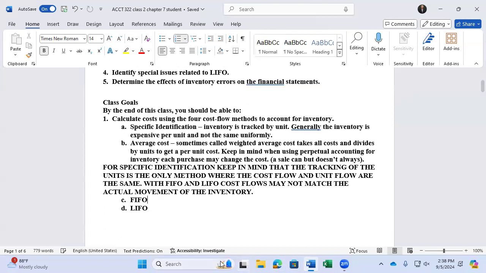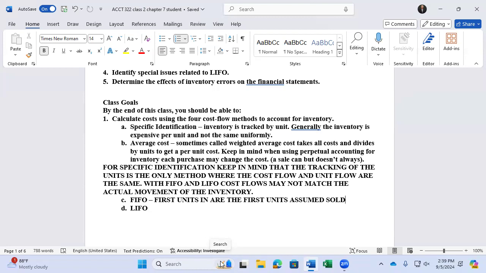So for FIFO, that means first units in are the first units assumed sold. So you have usually a beginning balance in inventory, and then you'll have some purchases, and then you'll have your ending balance.